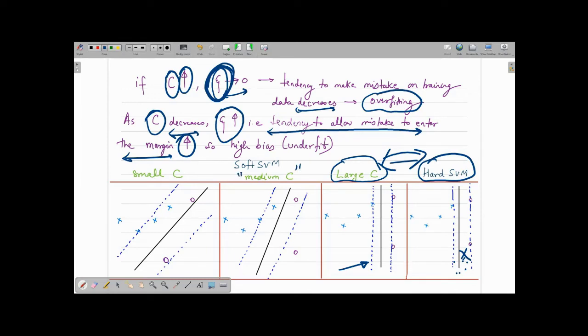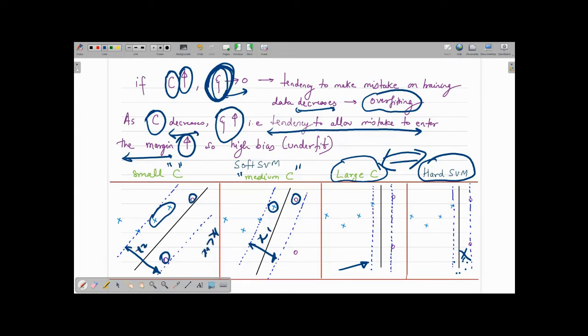Whereas if you keep a medium C, you will allow some errors to move inside the margin, because in medium C you will have some zeta value. If you use a very small C, the zeta value becomes higher, and a large number of data points will come inside. The important point you will observe is that the margin is increasing. If you have a margin x1 and another x2, then x2 is greater than x1.